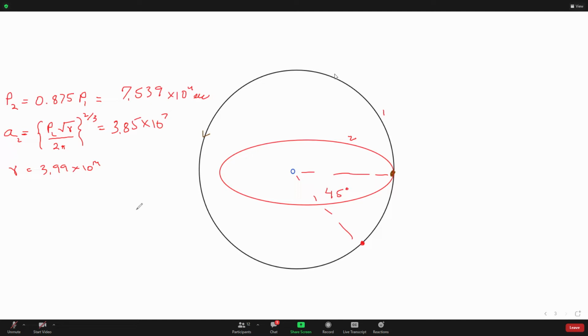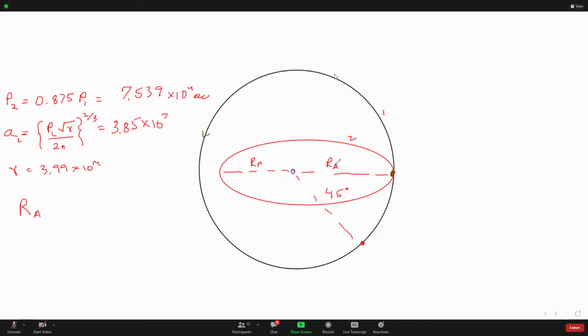What are the other things we want to know? Well, we'd like to know what the eccentricity of the orbit is. We can calculate that because we know that the radius at apogee is this distance right here. Isn't that right? This distance is perigee. This distance is apogee for orbit number 2.